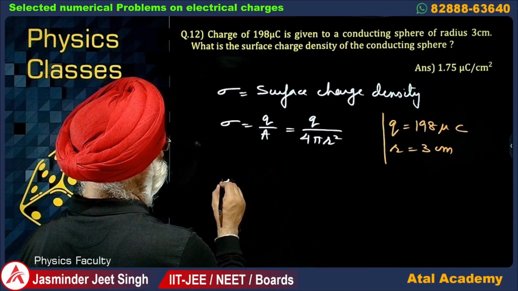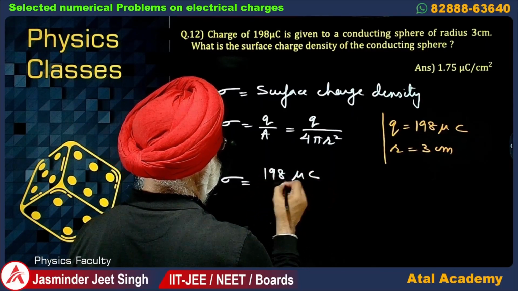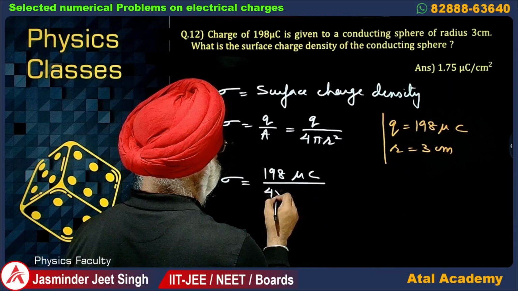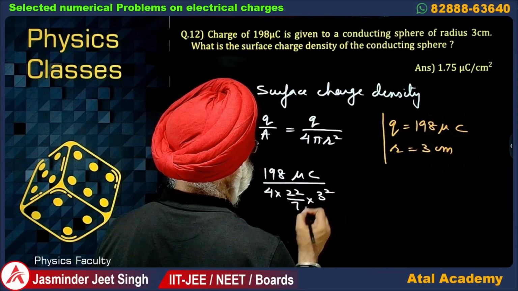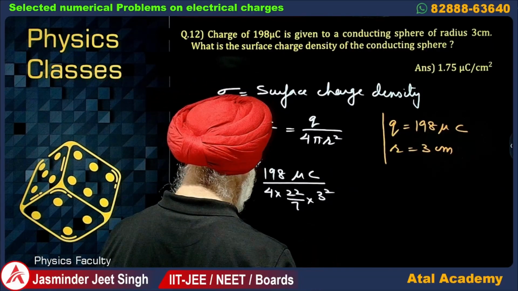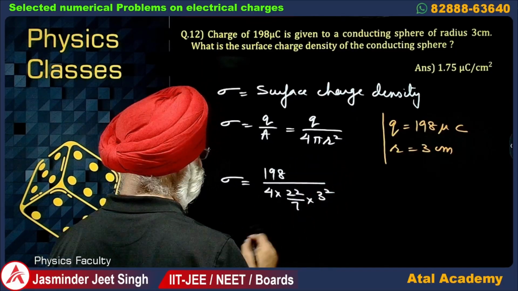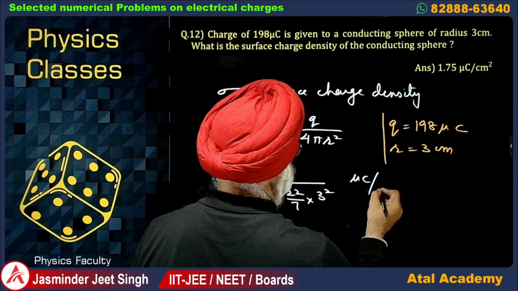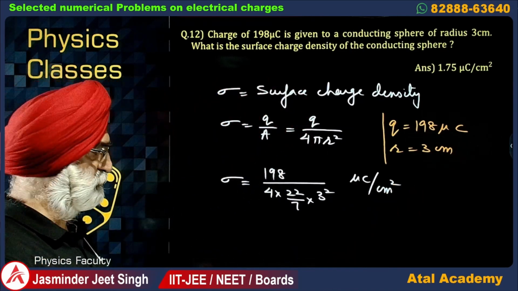If we substitute the values, we will be getting 198 microcoulombs upon 4 into 22 upon 7 into 3 square. The units will be microcoulomb per centimeter square.